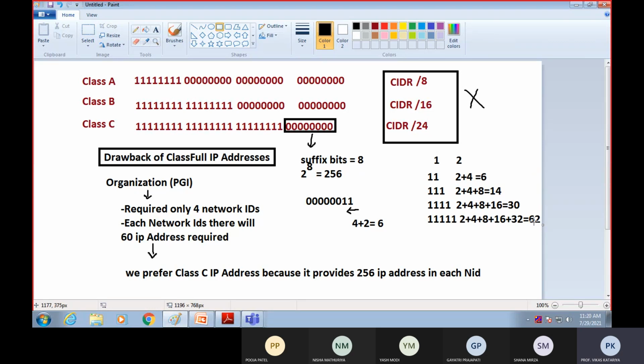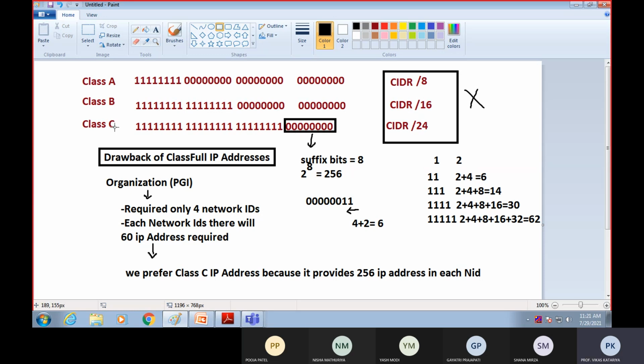It gives us 62 IP addresses, meaning only 2 IP addresses are wasted, not more than 2. So this is the advantage of CIDR notation. It allows us to customize the host bits and network bits.